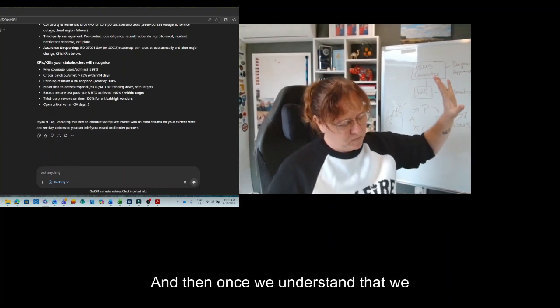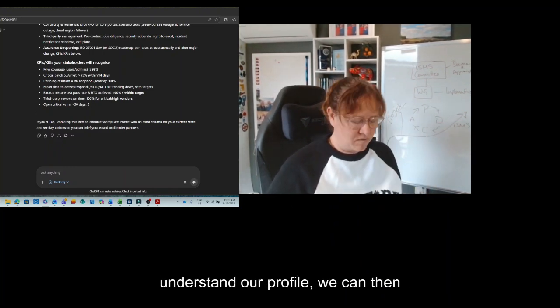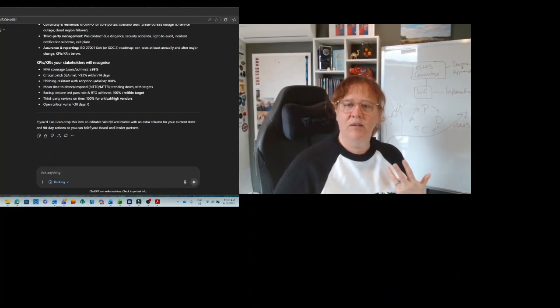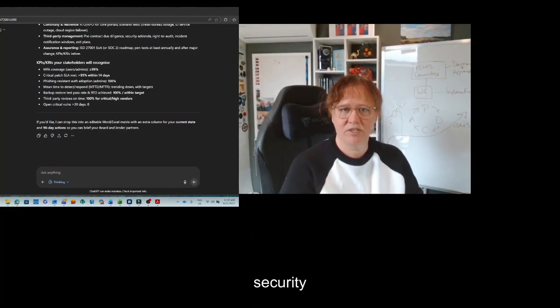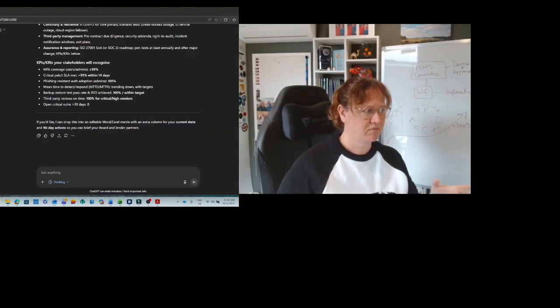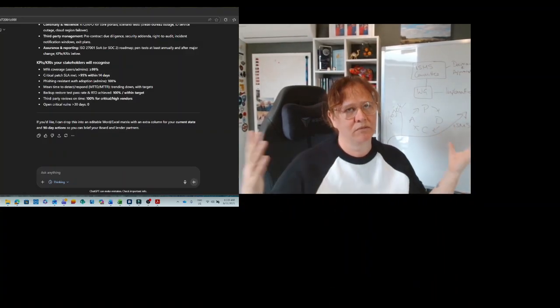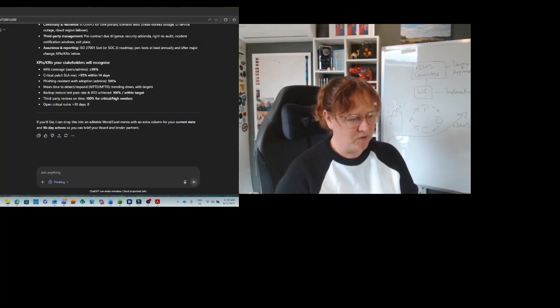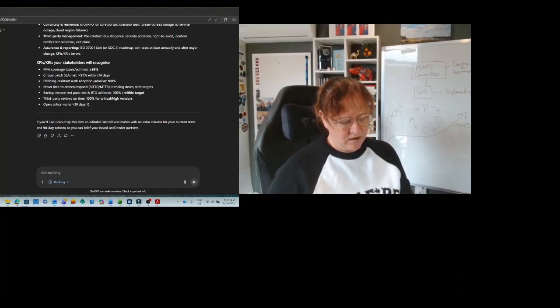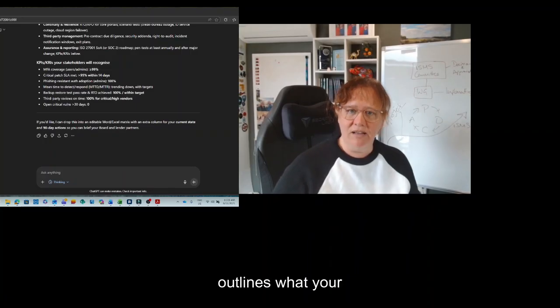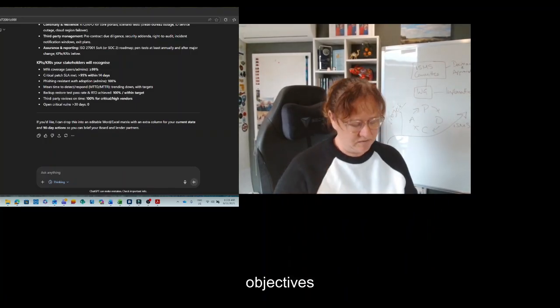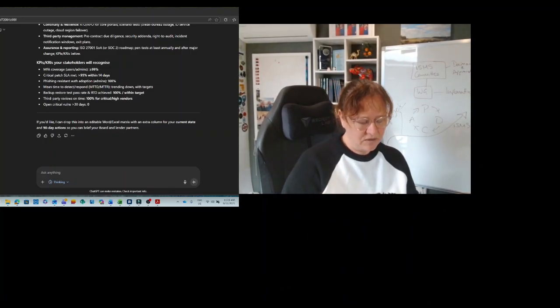Once we understand our profile, we can then formulate our information security strategy for the next 1, 2, 3 years, depending on your cycle of strategies. Again, in the standard in 6.2, it clearly outlines what your objectives need to include.